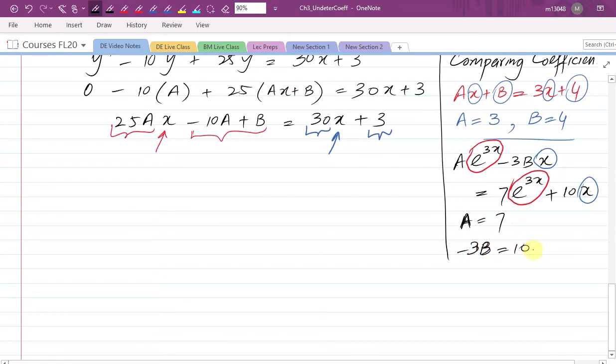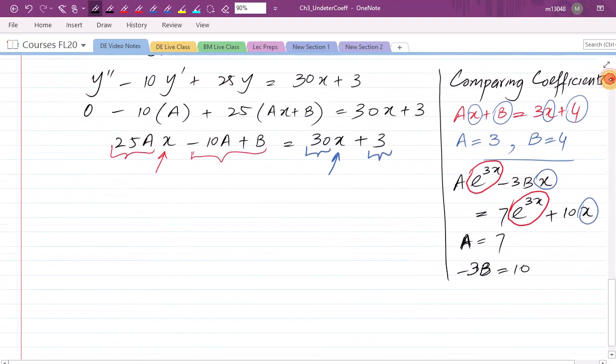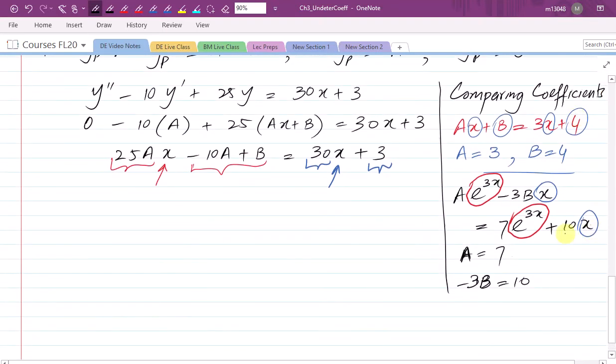And again note, I'm not writing x here in this result because I'm comparing coefficients, and coefficient of x is 10. X itself is not the coefficient. So minus 3b equals 10. So this is how comparing coefficients works.